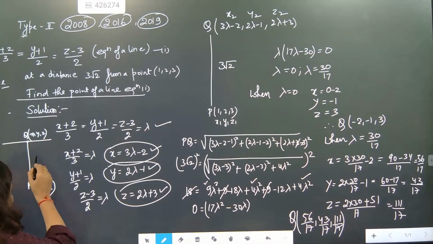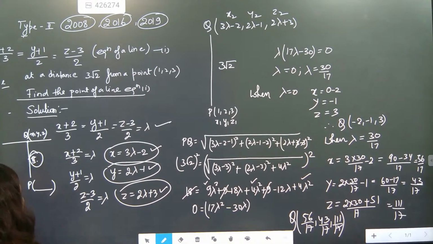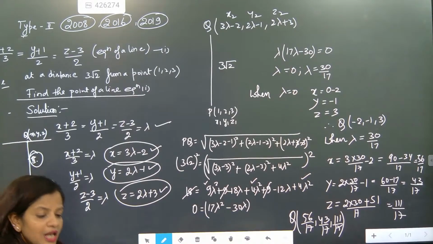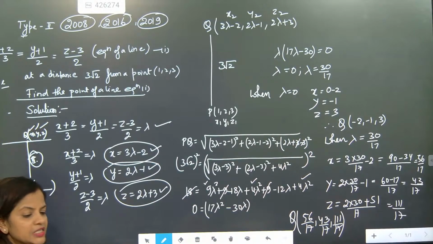If distance is given, like here 500 or whatever, then use the distance formula along with the given value and get the value of lambda. Once you get the value of lambda, you only have to substitute the lambda value here and get the values of x, y and z.